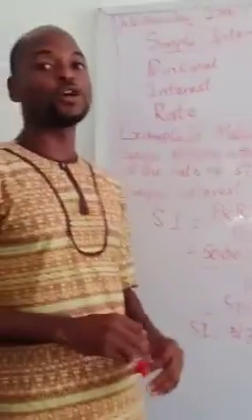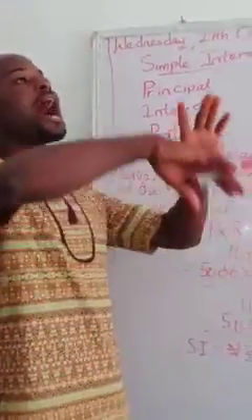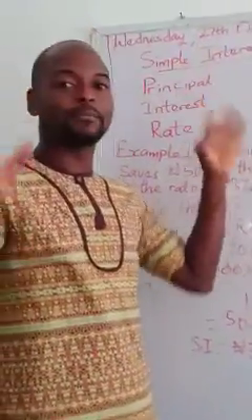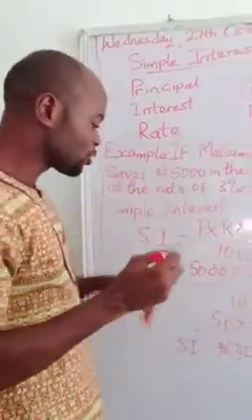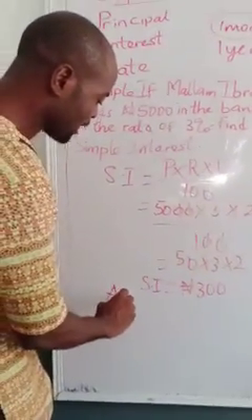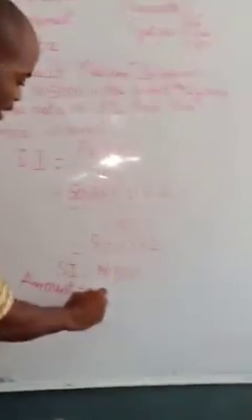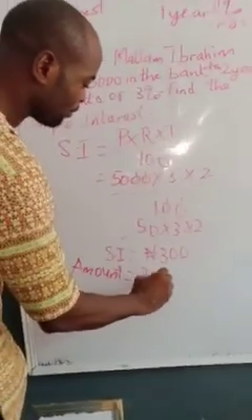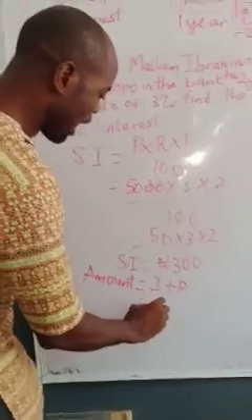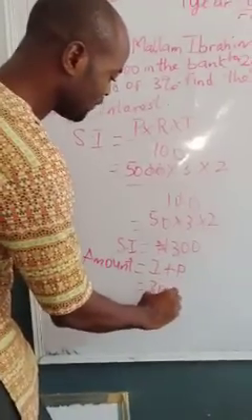Let's now assume that we want to find how much the malam will have in the bank at the end of the period. It is called amount. So if they ask us to find the amount, it will just be interest plus principal. Our interest is 300, and the principal is 5,000.